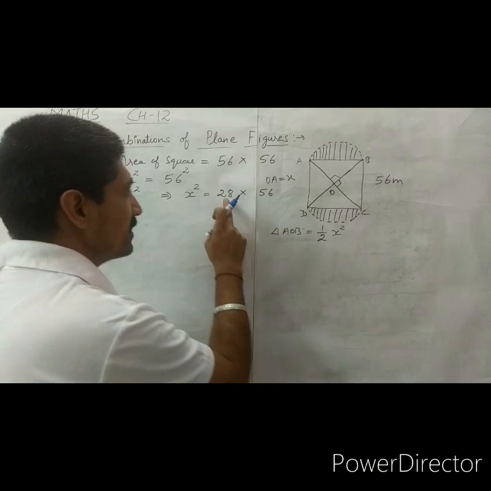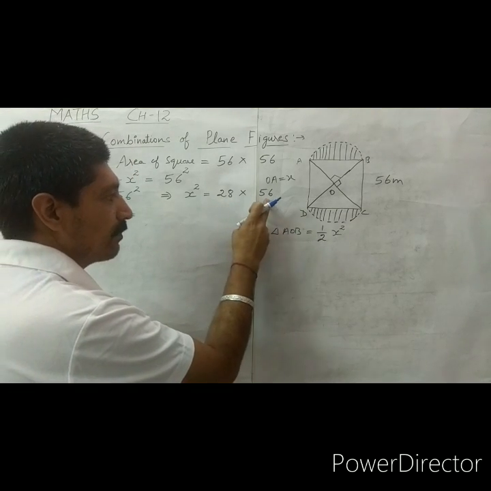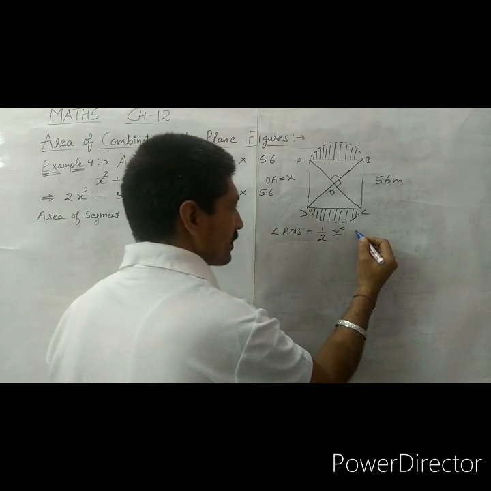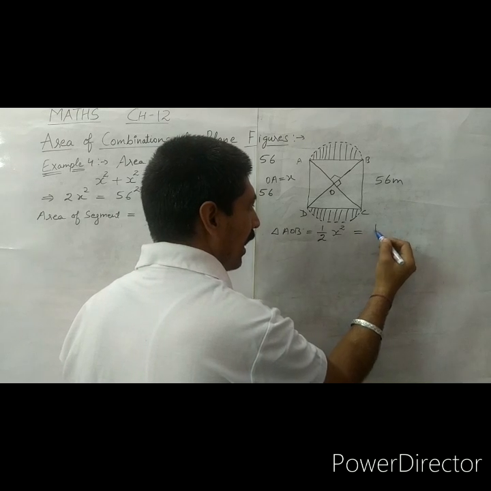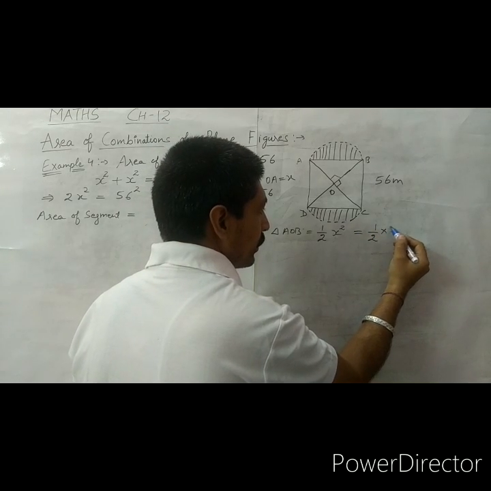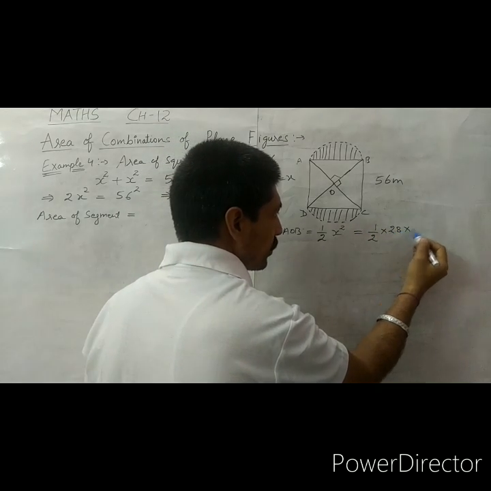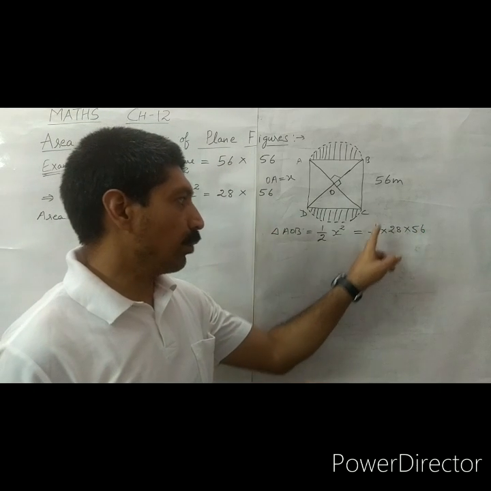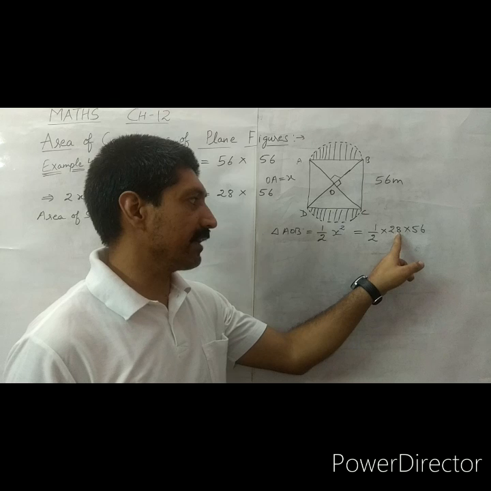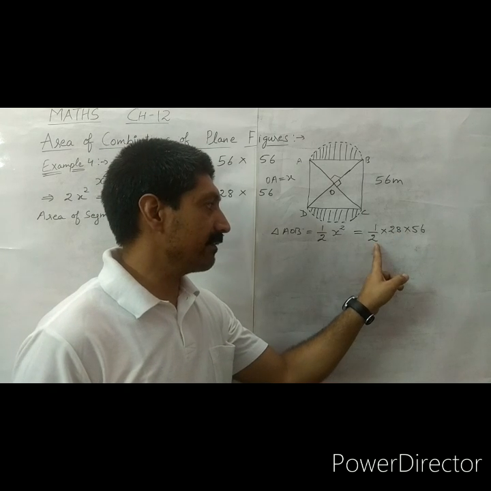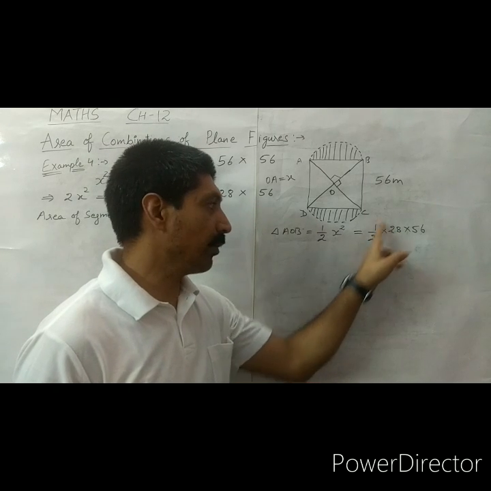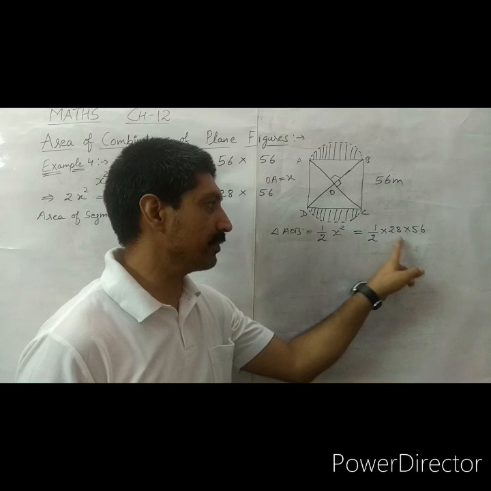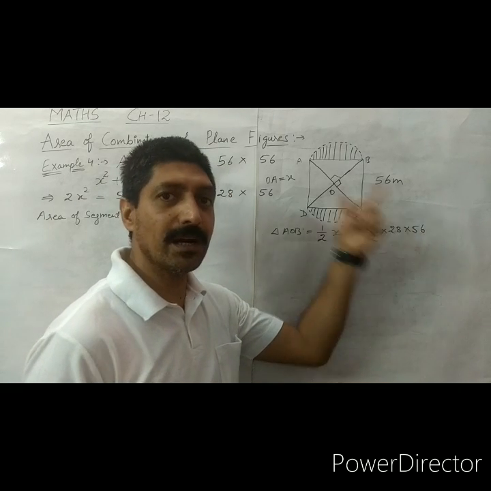So x square here is 28 into 56. So we can write this area as half into 28 into 56. Even we can further write 1 upon 4 into 56 into 56 to make our calculation easy.